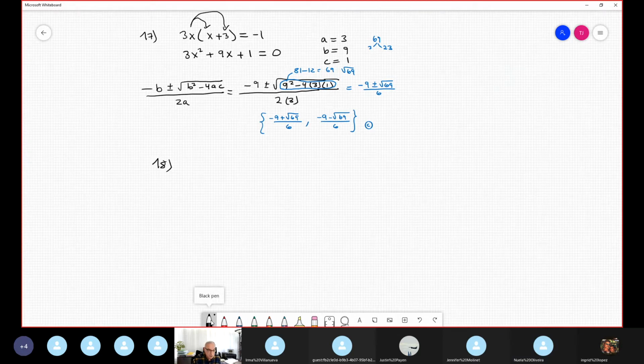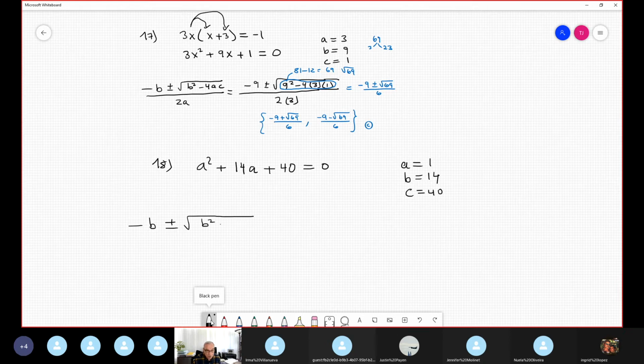18 is pretty easy. 18 is a squared plus 14a plus 40 equal to 0. Okay, this is already expressed in standard form. Therefore, a is 1, b is 14, and c is 40. I copy my formula one more time.